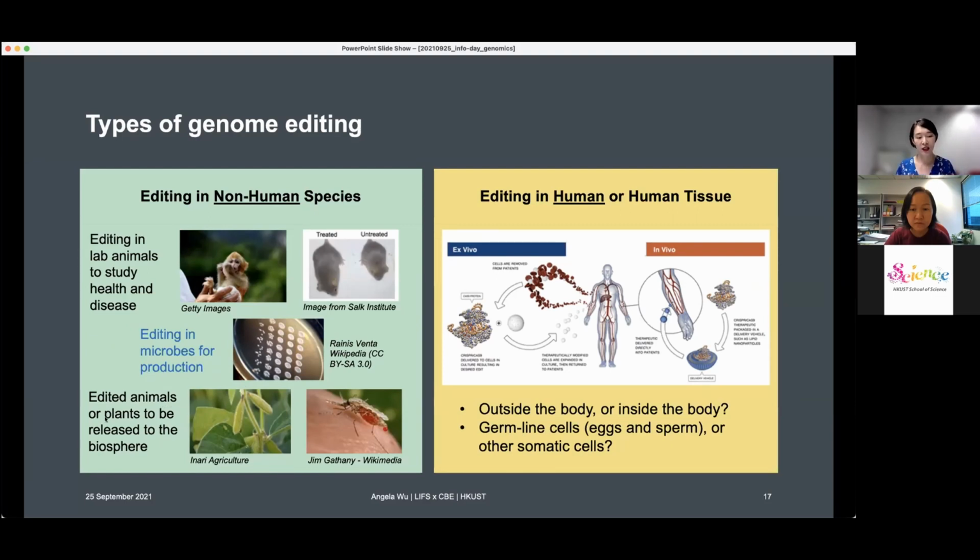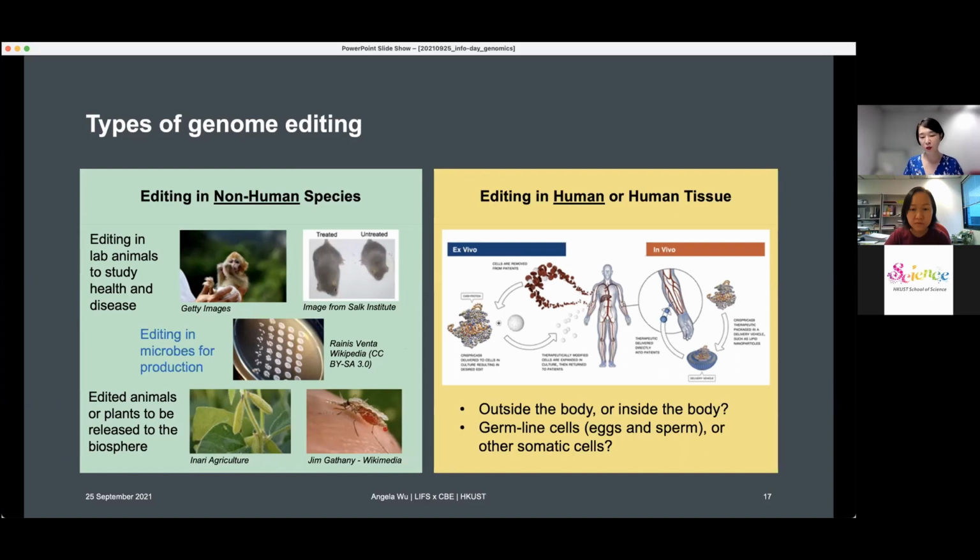There's also edited plants and animals that may be released to the biosphere, like crops, as I mentioned already, and also something called gene drive, which helps to reduce the incidence of malaria and other diseases carried by mosquitoes. So you can see that actually non-human genome editing is going on already, and it's very close to our lives. So the ethical issues of these, however, haven't been discussed as much.